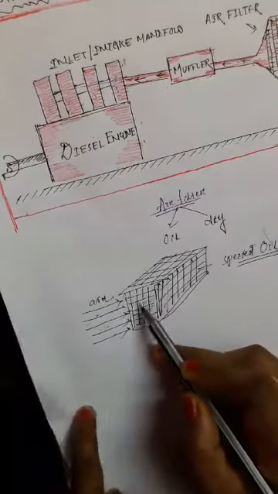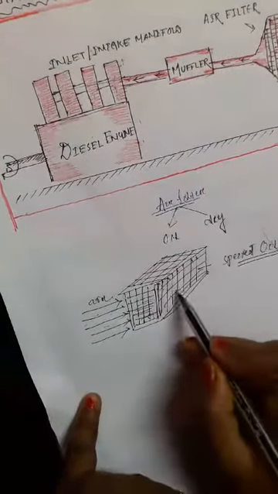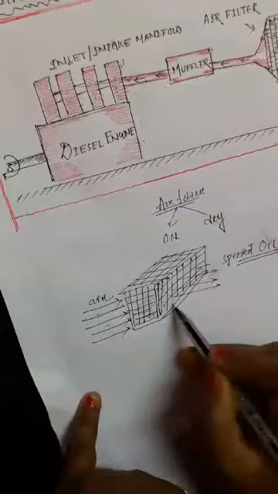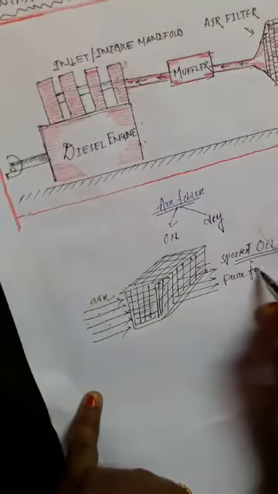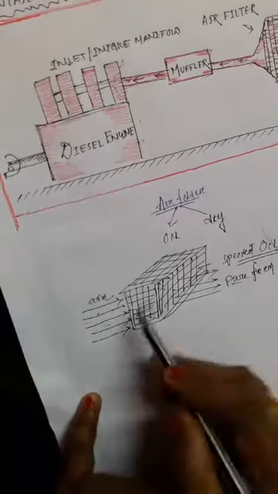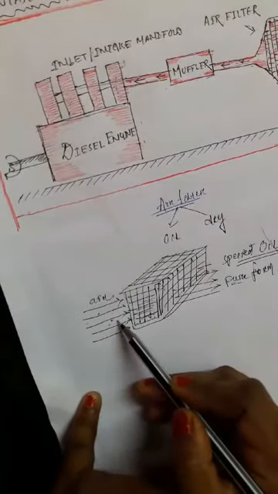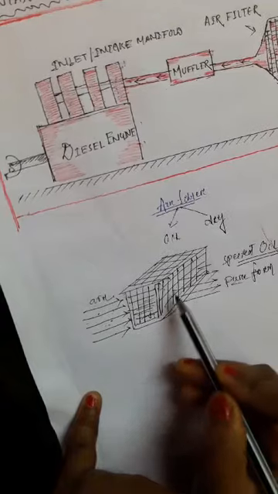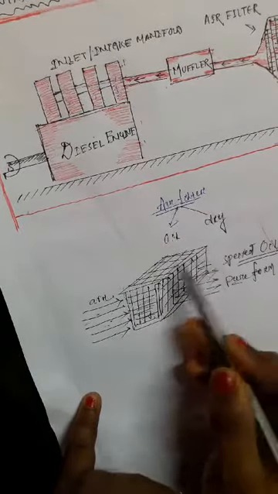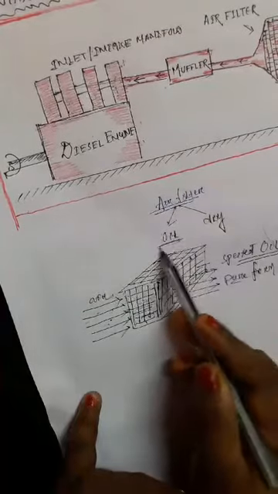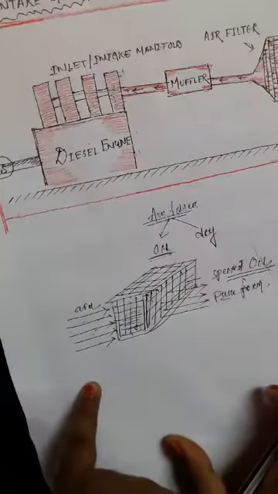When it crosses through this frame, the air is converted into pure form. The impurities are trapped by the sieving process with the help of the oil, and this arrangement is known as the oil type of air filter.